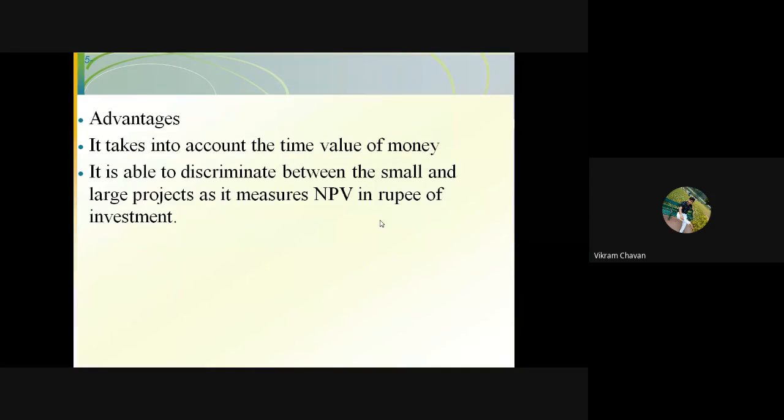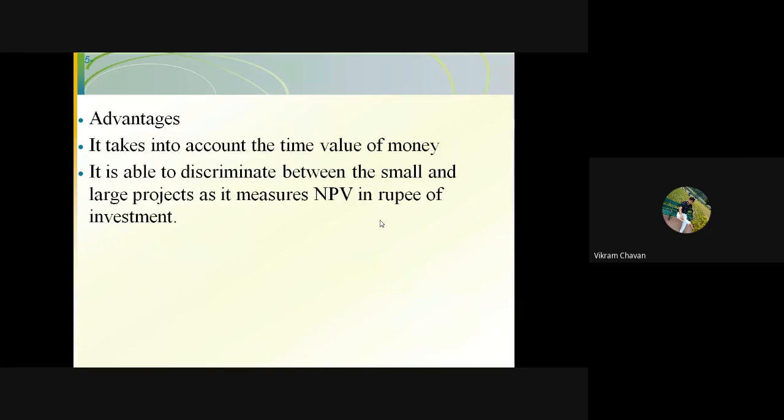So what are the advantages of this benefit cost ratio? BCR takes into account the time value of money, as we are providing the discounting rate, the same discount rate as we provide in the case of NPV.